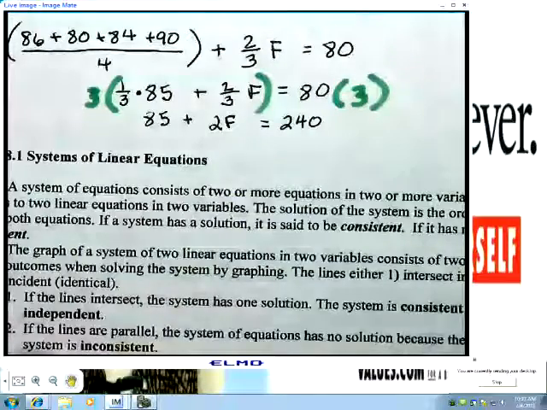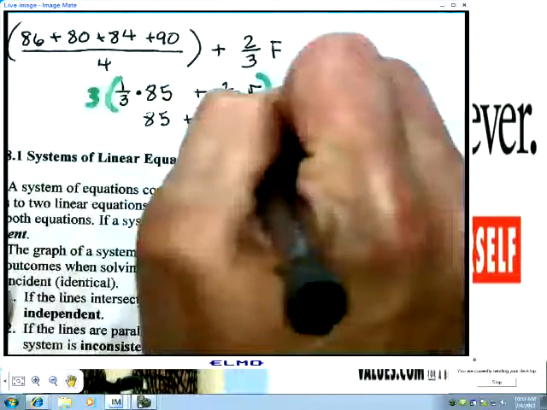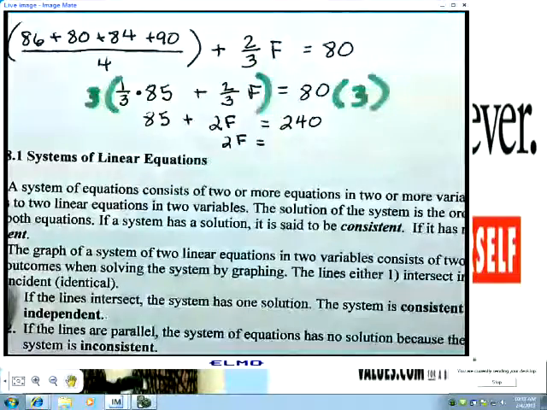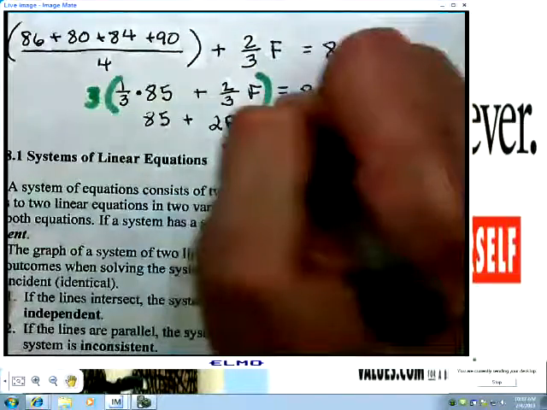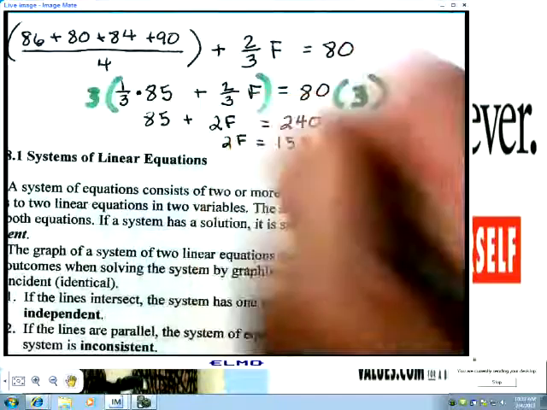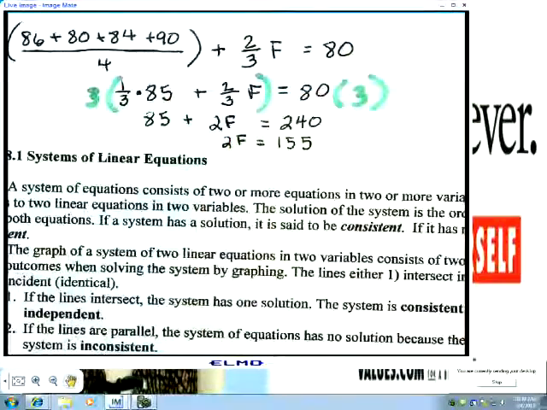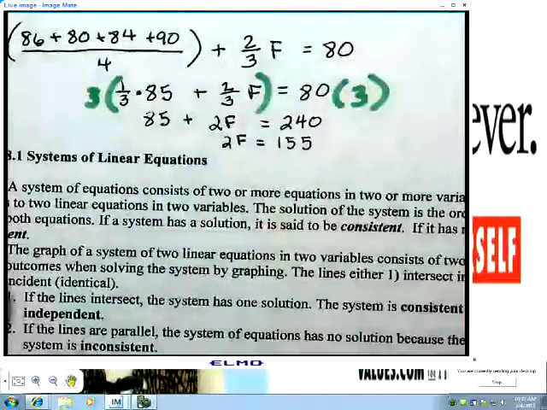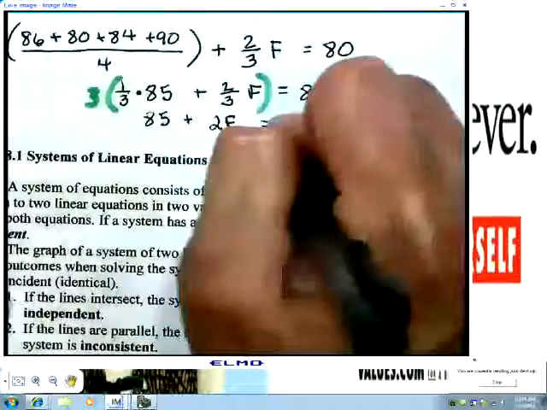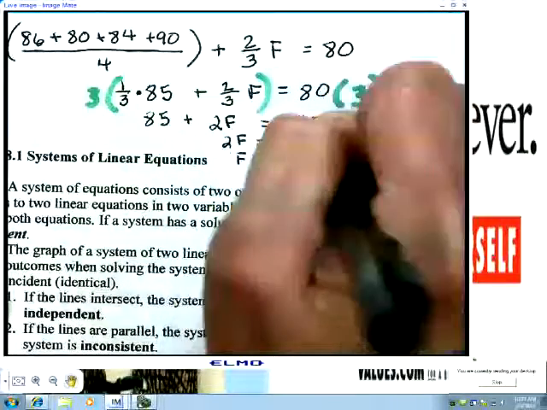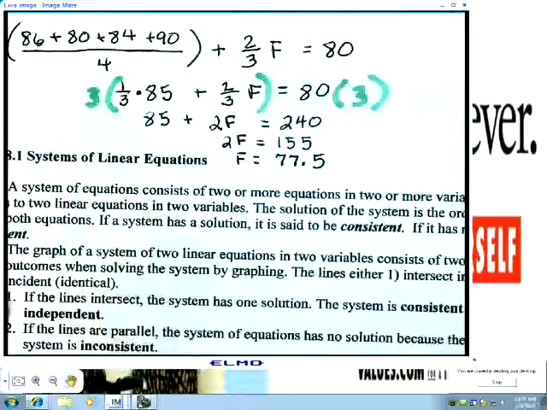So how many points does he have to earn on the final? 240 minus 85. And since the final counts twice, and he has to earn 155 points, he only needs to score a 77.5 on the final in order to have a B.